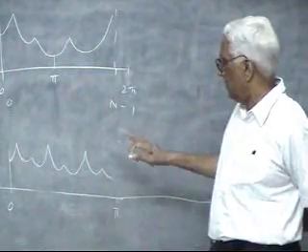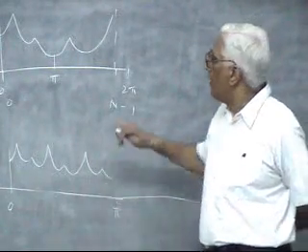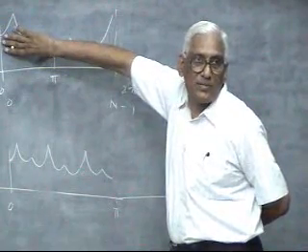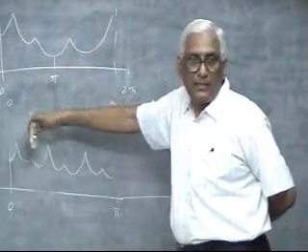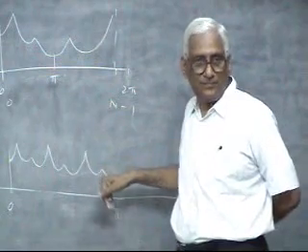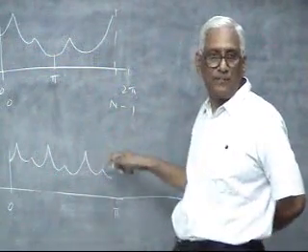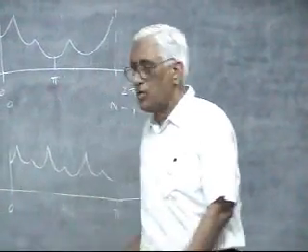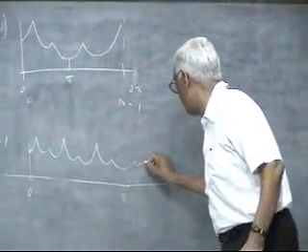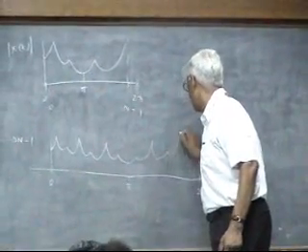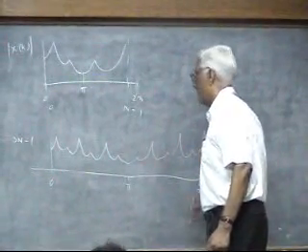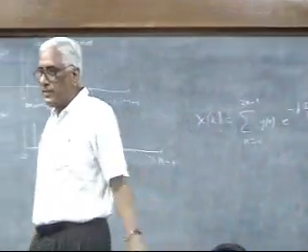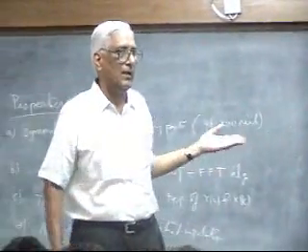All I want you to understand here is that whatever I had in these n by 2 samples just gets repeated like this, and likewise, by symmetry, this gets repeated. Anyway, don't ask me to plot this. The best thing is to do it in MATLAB, and you will get this.